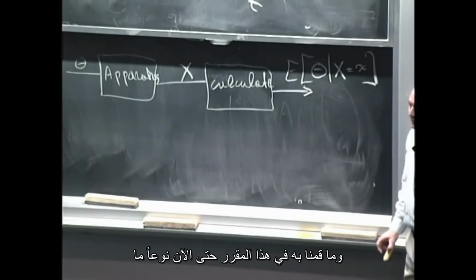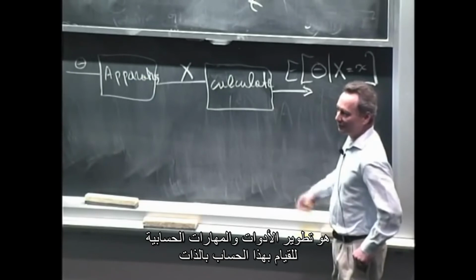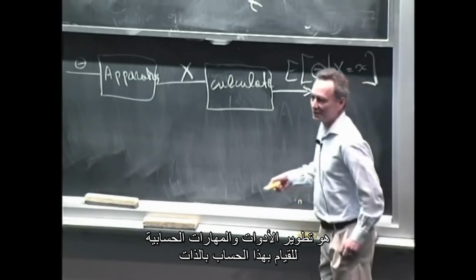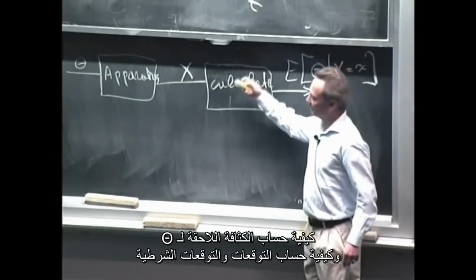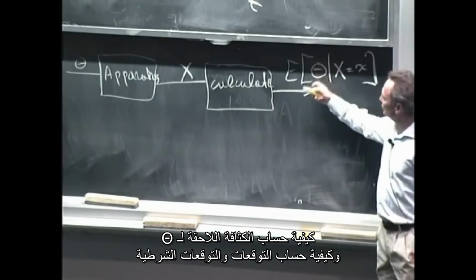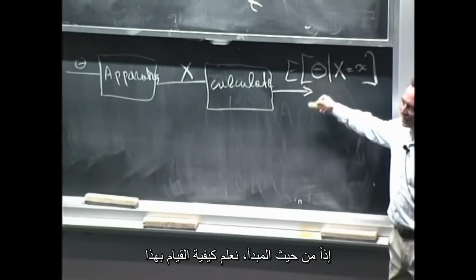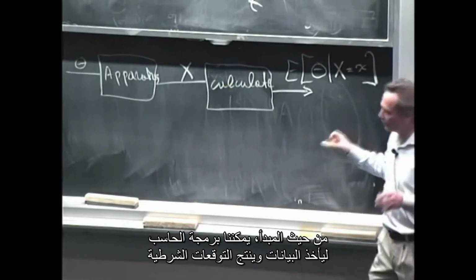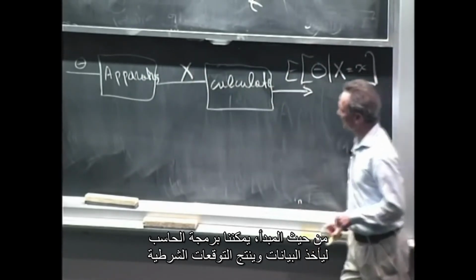And what we have done in this class so far is, to some extent, developing the computational tools and skills to do this particular calculation: how to calculate the posterior density for theta and how to calculate conditional expectations. So in principle, we know how to do this. In principle, we can program a computer to take the data and to spit out conditional expectations.